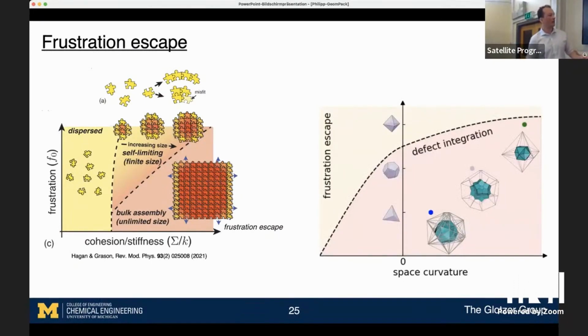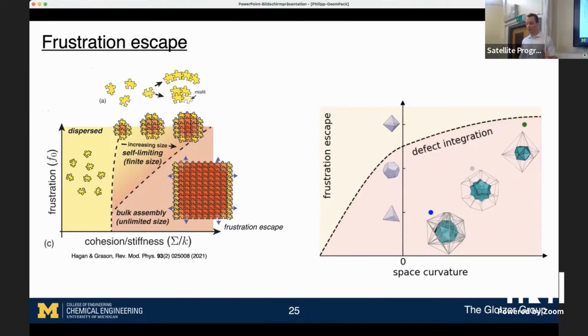So this is just a sketch, where if you increase the curvature more and more, you would eventually get into this frustration escape regime. And you can see that for tetrahedra and dodecahedra, luckily for crystallographers and so forth, they don't reach this frustration escape when you go into flat space, but for octahedra, that's what happens.